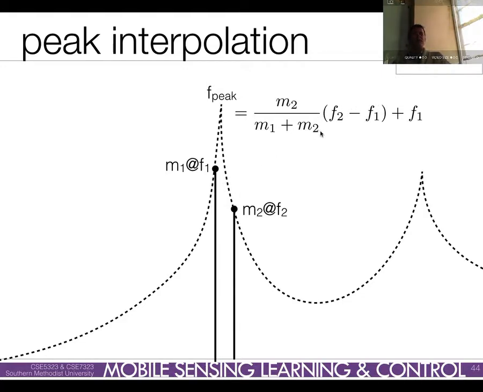So F2 minus F1 gets me the frequency difference, and I'm going to add that to F1, right? So now when M2 is really, really big relative to M1 plus M2, that means the peak is really close over here. And when M2 is really, really small, that forces the peak back over here, right? So this gives you a little bit better resolution on where that frequency occurs, okay?